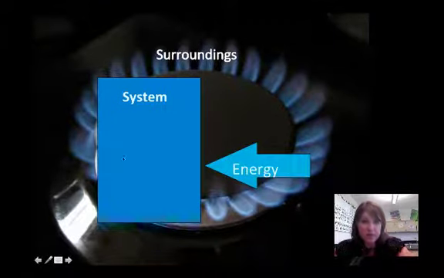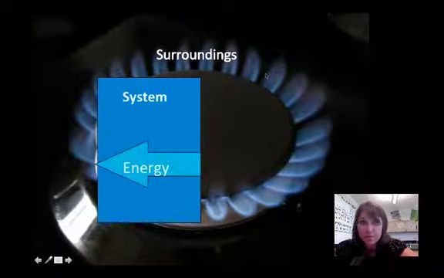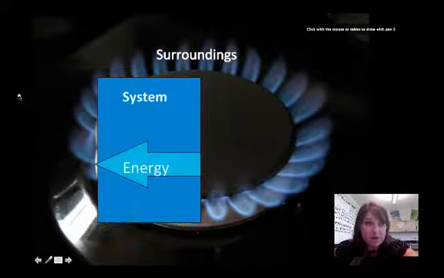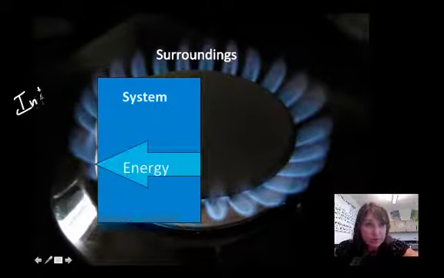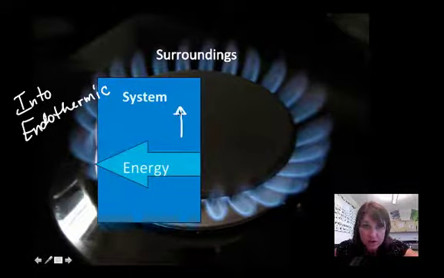All right, then. Let's look at a different example. Now, in this case, the energy is going to move from the surroundings into the system. So now the system has gained energy, right? Energy moved into the system. That's an endothermic process. So what's the sign for your energy change? For the system, the amount of energy has increased.